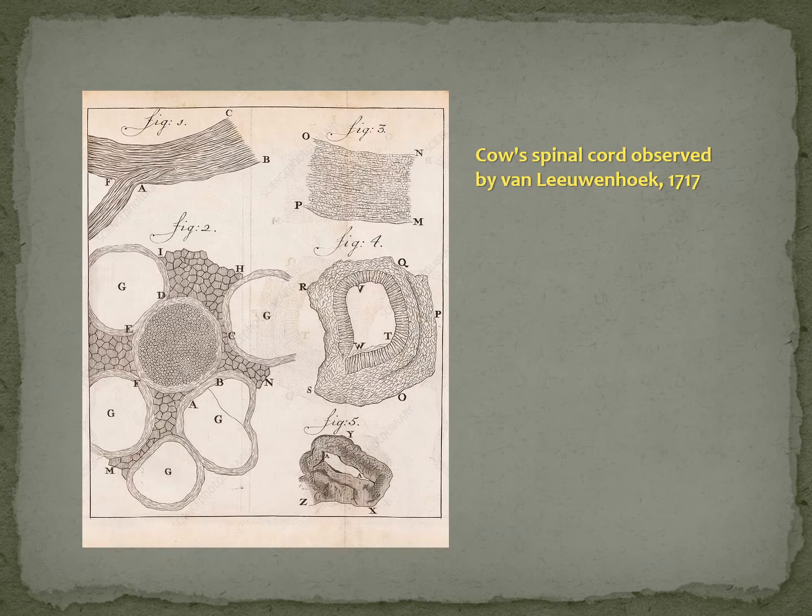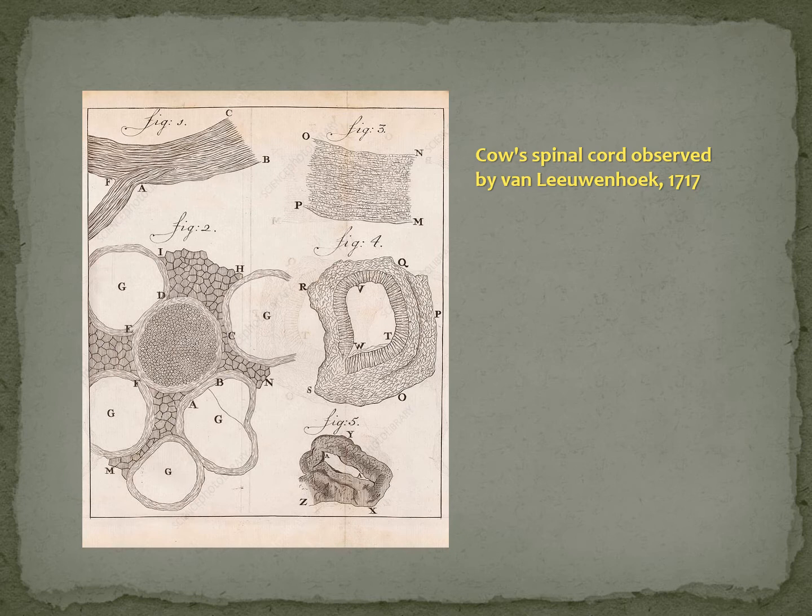Here we can see another good example of the observations registered by van Leeuwenhoek in the year 1717. In this case, the spinal cord of a cow, described with great detail.